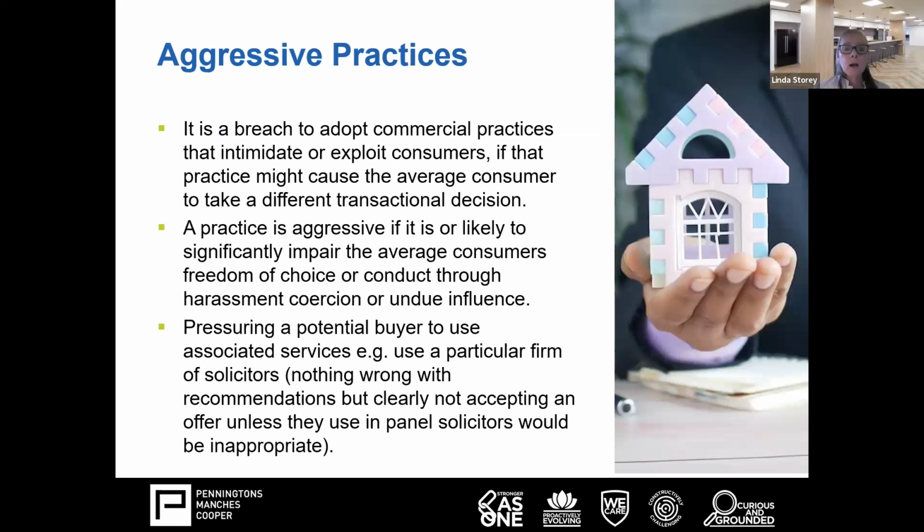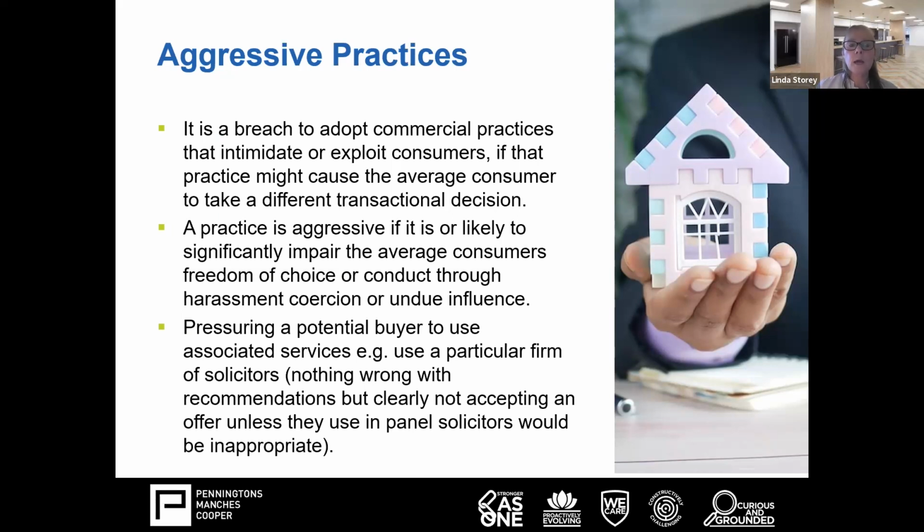Okay. Now, aggressive practices, if you remember, this was that other prong, and here we have a breach to adopt commercial practices that intimidate or exploit. Sounds obvious, I'm sure. A practice is aggressive if it is likely to significantly impair an average consumer's choice.